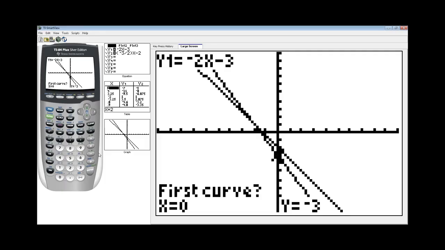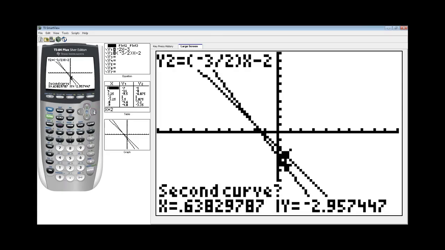It says curve because you can actually graph all types of equations, but we're just graphing lines. So I'm going to press enter because it's flashing on this line. So that's just saying, okay, I want this to be my first line, and then now it's flashing on the second line.